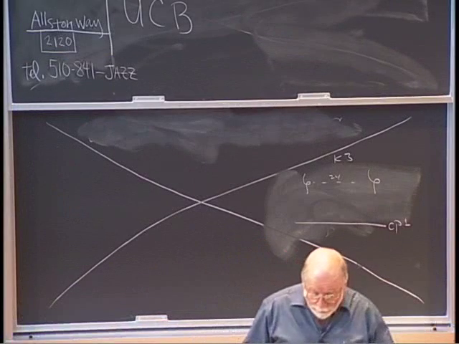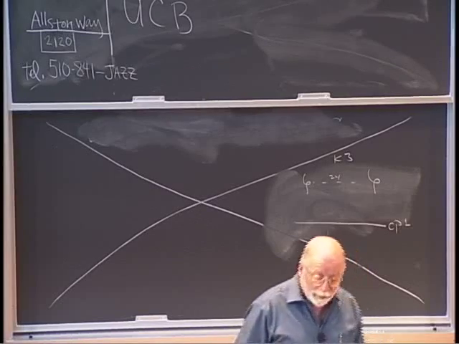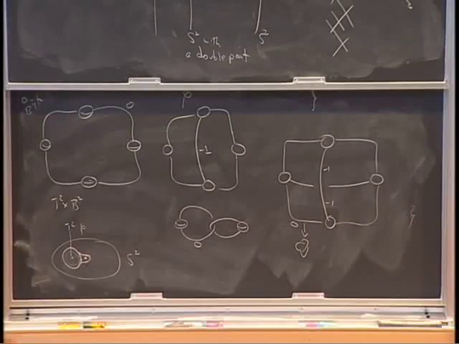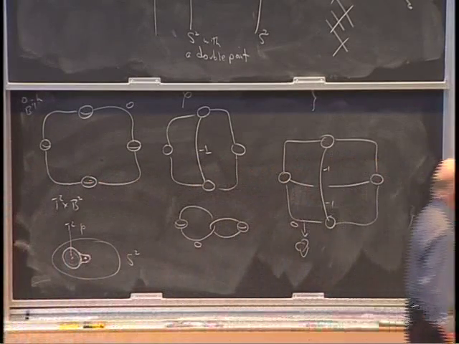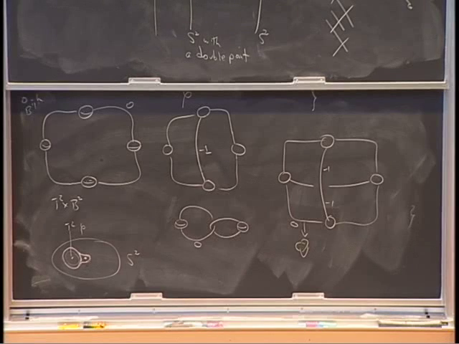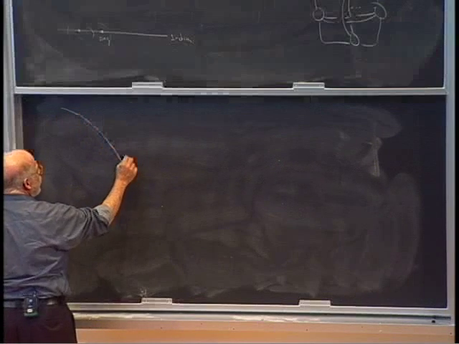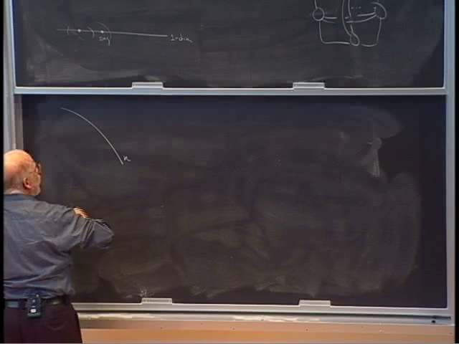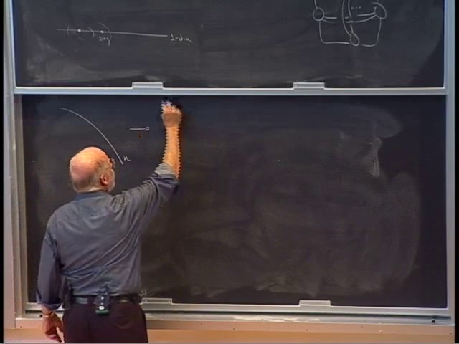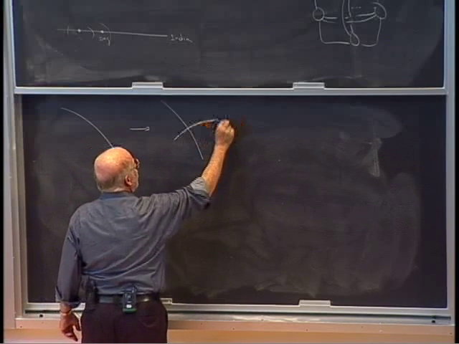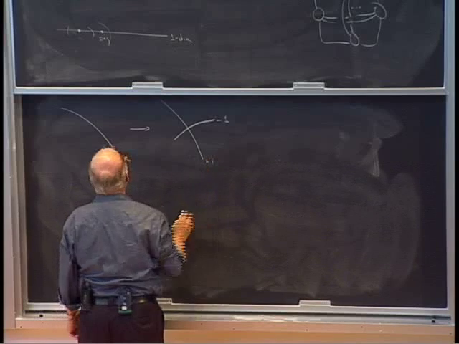Okay, then there's also blowing up and down, which I won't say much about. The algebraic geometers would draw a curve with framing, with self-intersection n, and then they'd blow up a point, and this would go to n minus 1.